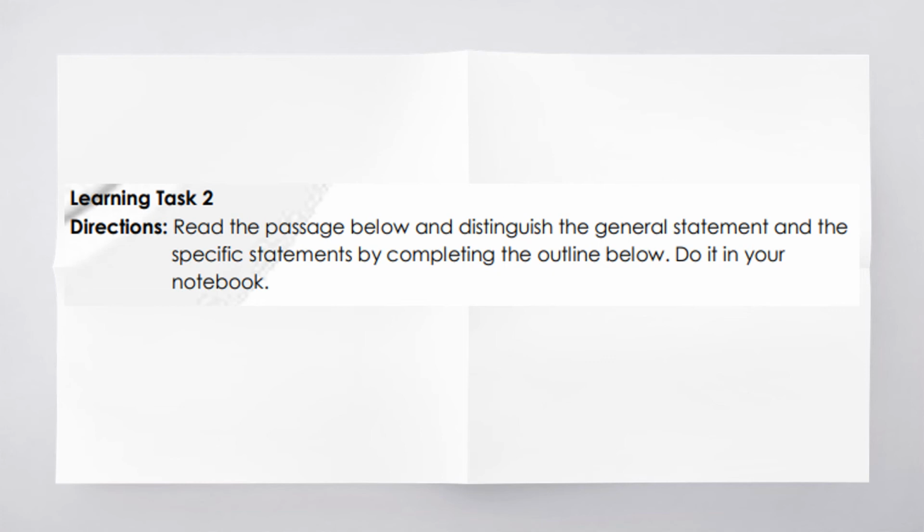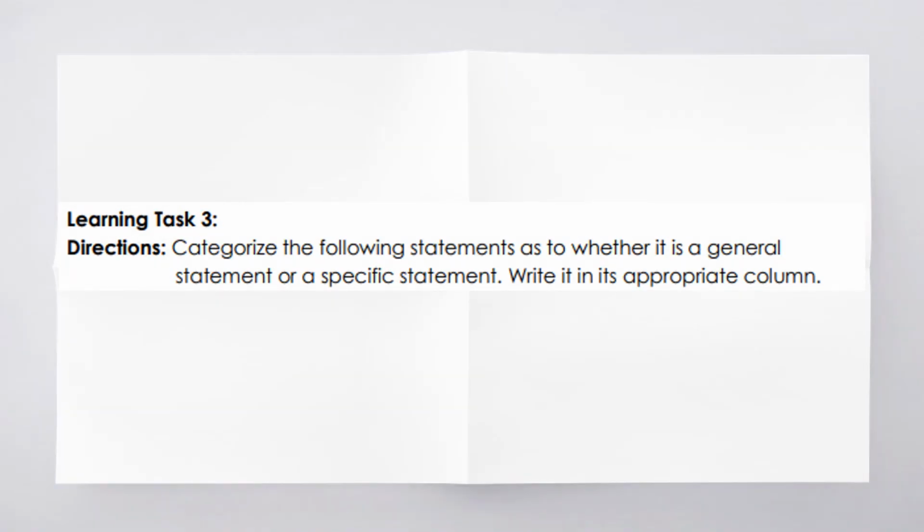Read the passage below and distinguish the general and the specific statements by completing the outline below. Learning task number 3. Categorize the following statements as to whether it is a general statement or a specific statement. Write it in its appropriate column.